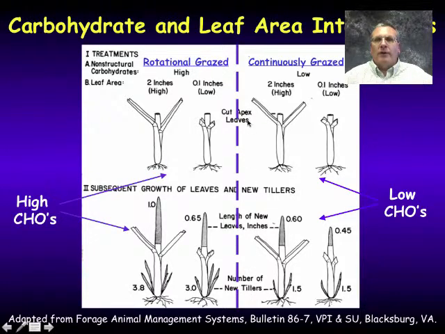And what we see is, if we divide this in half, is that this half has a high carbohydrate status, and we could equate that to a rotationally stocked pasture. So essentially we're resting our pastures between grazing events and allowing it to store up energy in that warehouse. This other side is a continuously stocked pasture, and what we're doing there is we can have a low carbohydrate status in our plants. So we're never resting our pastures.